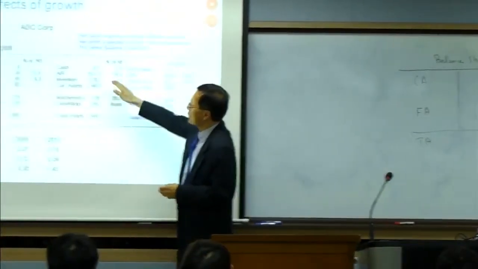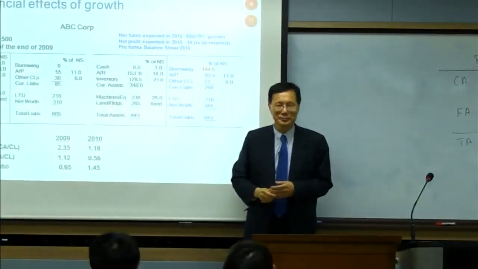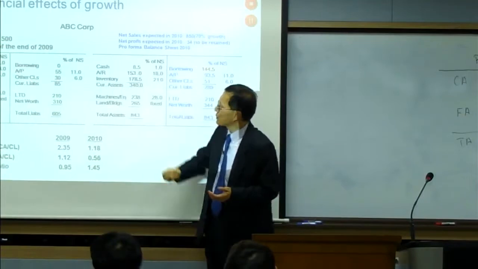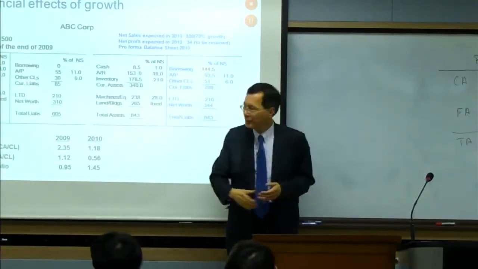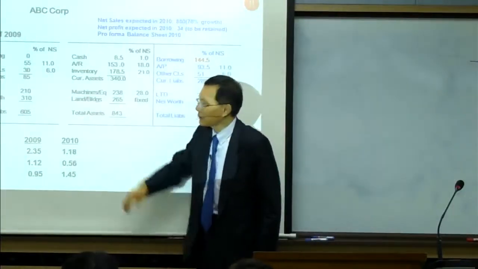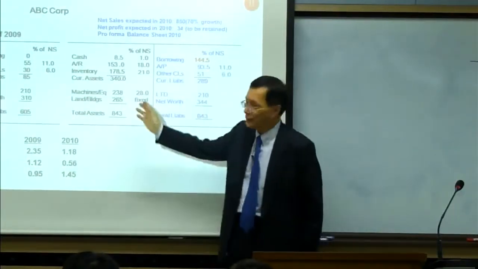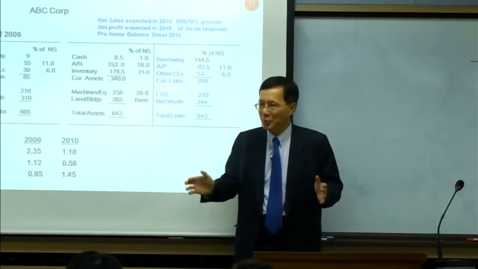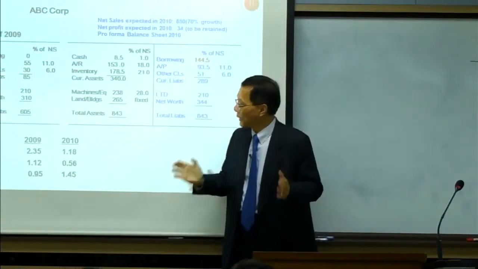Add them up, you have current assets. Easy. Machines and equipment, 28%, 238. Land and buildings, this is assumed to be fixed. The company doesn't want to add, at the moment, additional land or buildings.